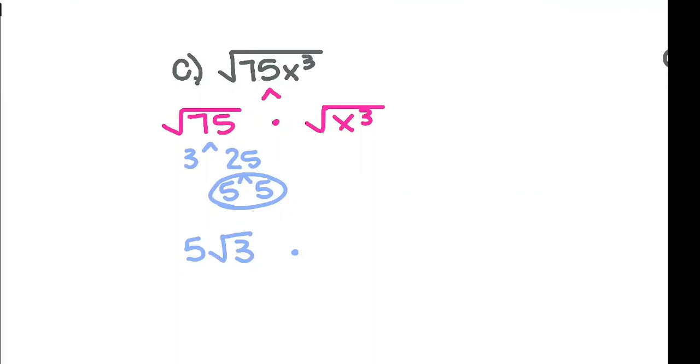From here, that x cubed is the same thing as saying x times x times x. So if we're taking the square root of that, we're looking for a group of 2. So that one x would come out to represent both 2's underneath, and then you are left with that x. From here, we just multiply.